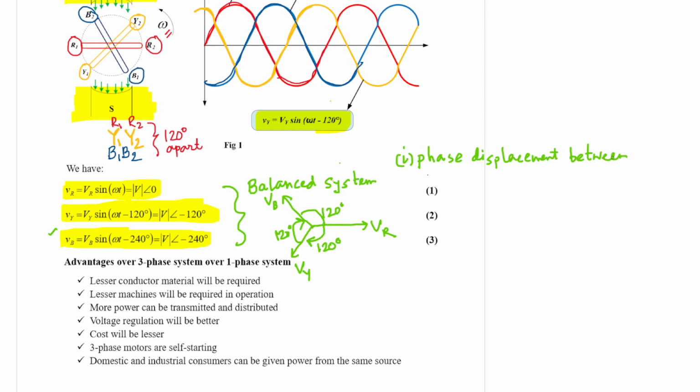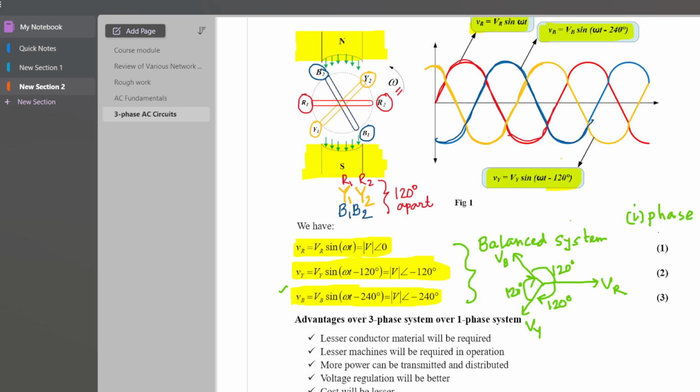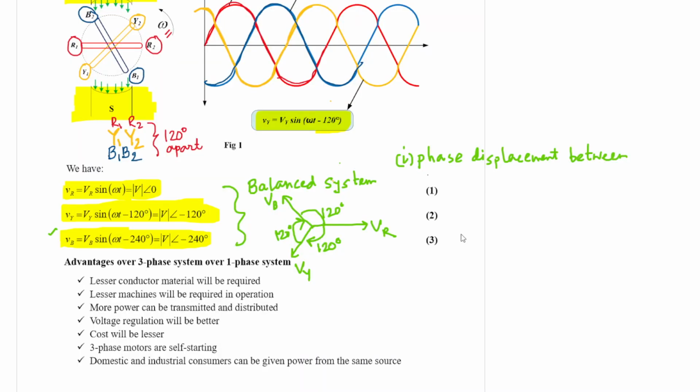between any two phasors is 120 degree. This is number one.